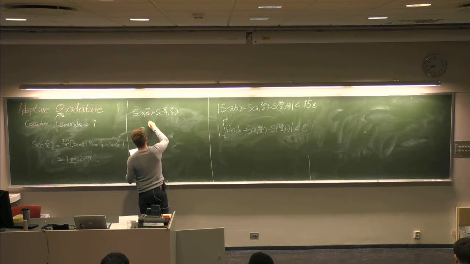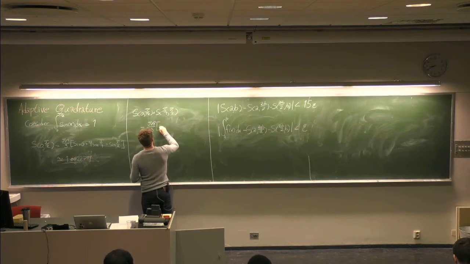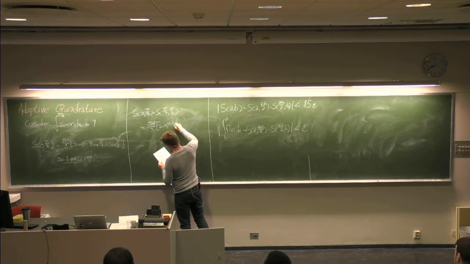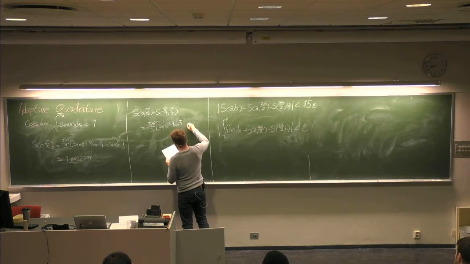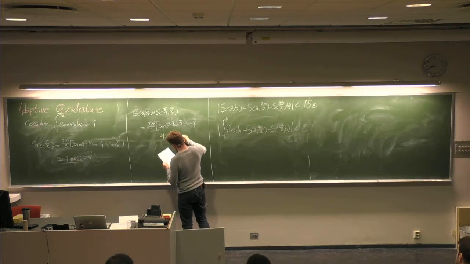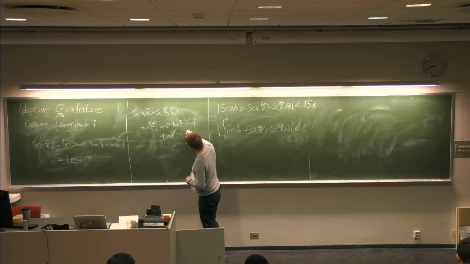This is going to be pi divided by 8, 3, sin 0 plus 4 sine pi 8 plus 2 sine pi 4, 3 pi 8 plus 1 sin pi half.